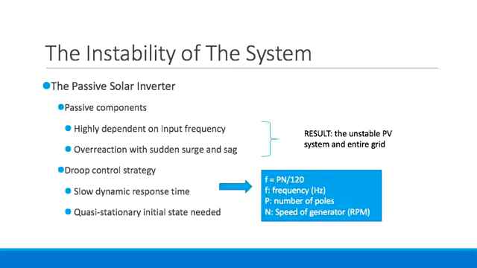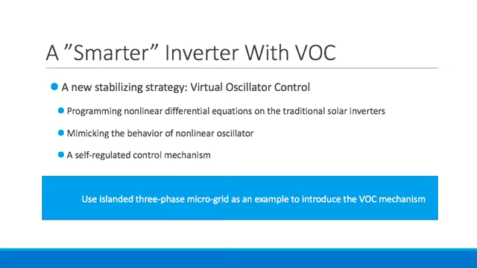Another problem with the traditional PV system is that it applies the droop control strategy, which corresponds to a slow dynamic response time. And it also requires the quasi-stationary initial state. Therefore, to improve the stability of the PV system, a smarter inverter with VOC system is proposed.